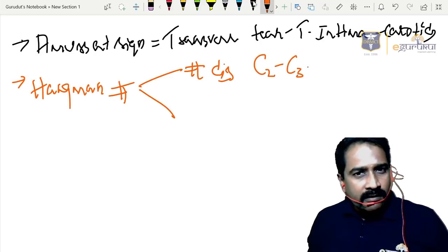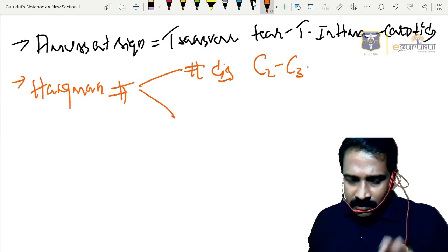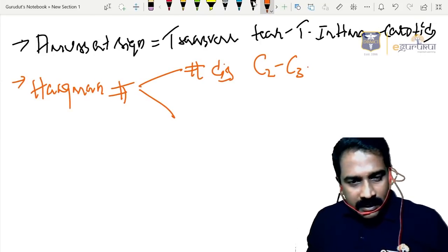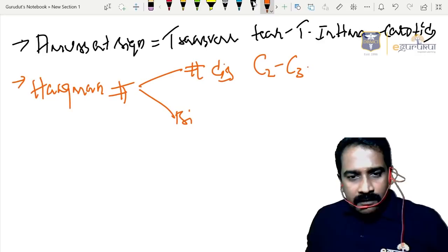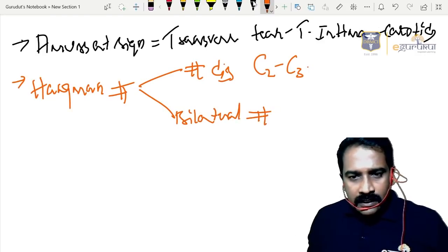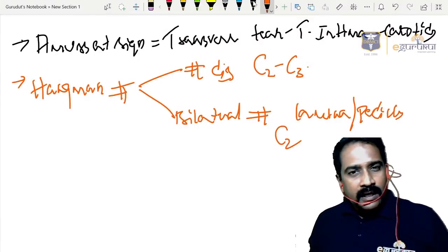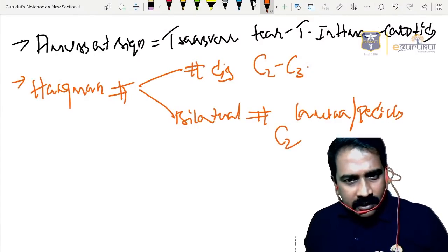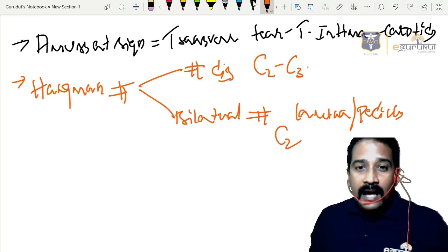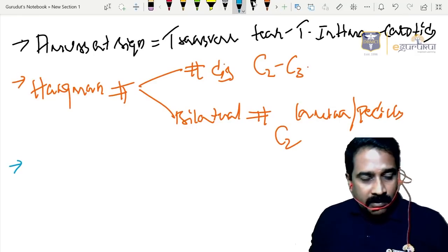Plus, bilateral fractures of either the laminae or the pedicles of C2 are also called hangman fracture.